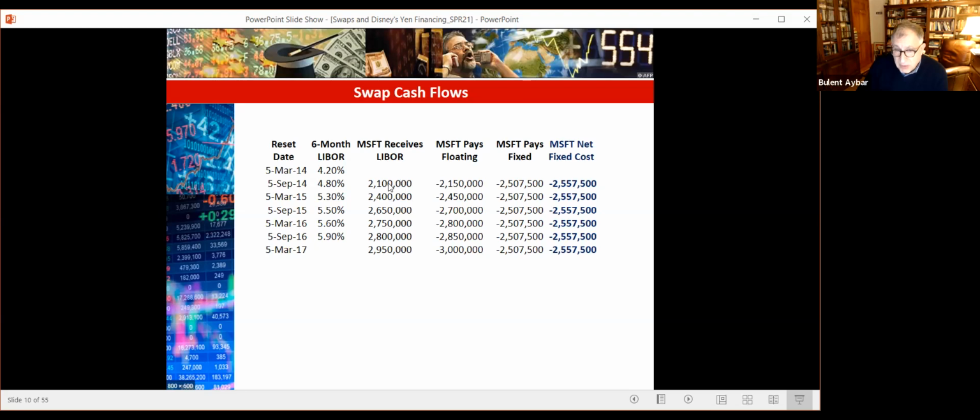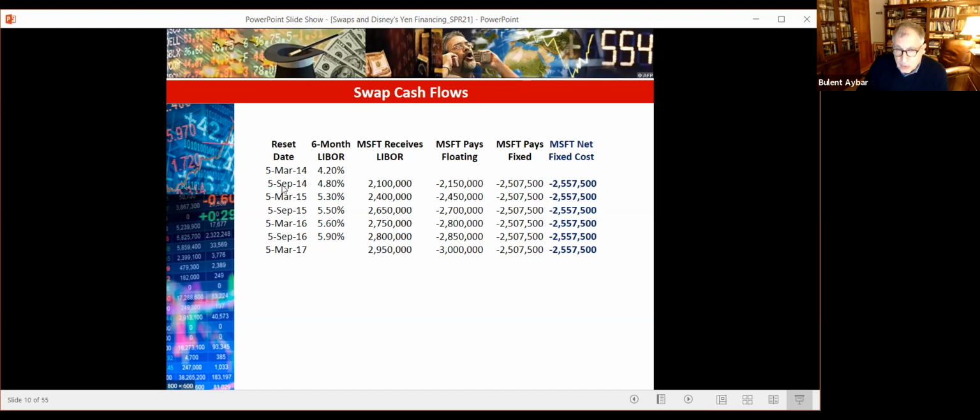The difference between the floating payments plus the payment that Microsoft makes to the swap dealer in fixed terms makes up the net cost of Microsoft, which in this case, every 6 months will be $2,557,500.